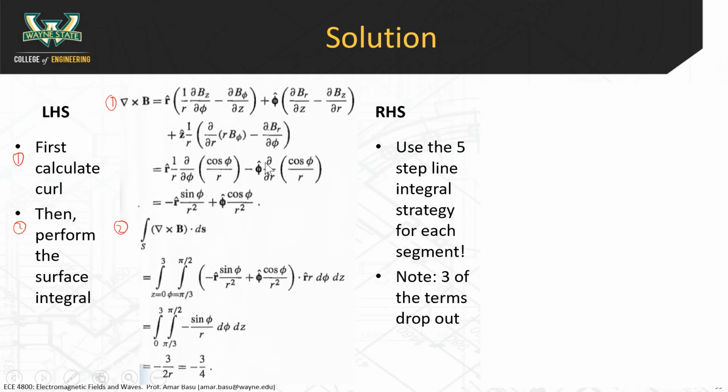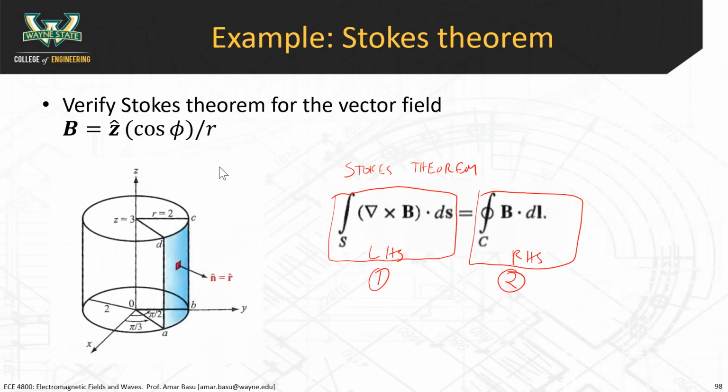I suggest you go over some of these things separately, but just to give you a general idea, this is giving you the Bz component. Bz equals cosine of phi divided by r.